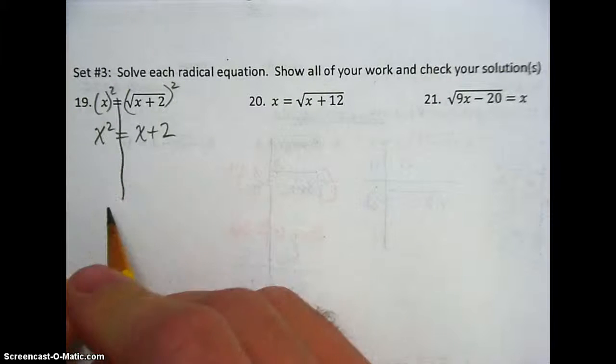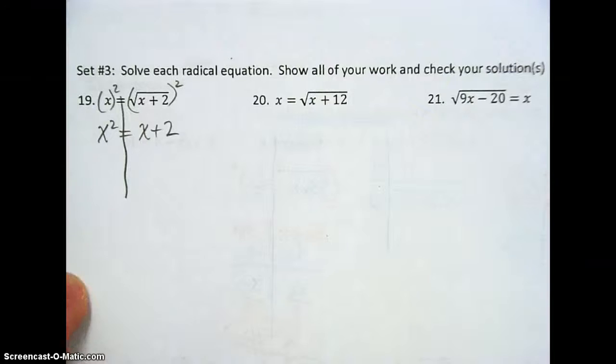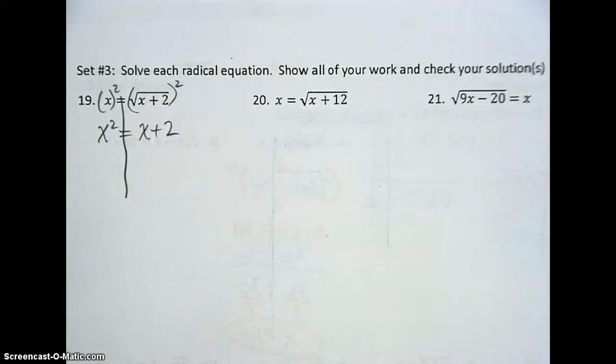Well, that's a quadratic, and the way we solve quadratics is to set them equal to 0. We could use the quadratic formula or factoring. And the quicker way is? Factoring's the quicker way. So we're going to practice factoring.